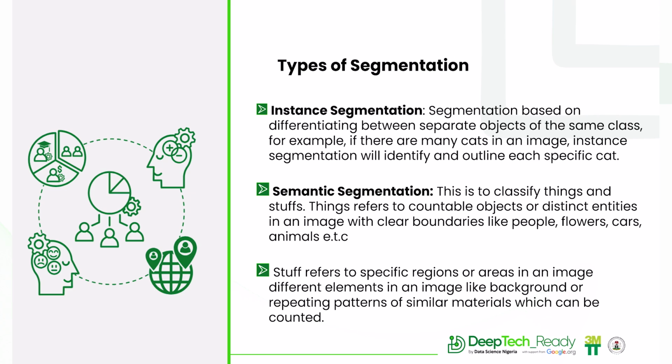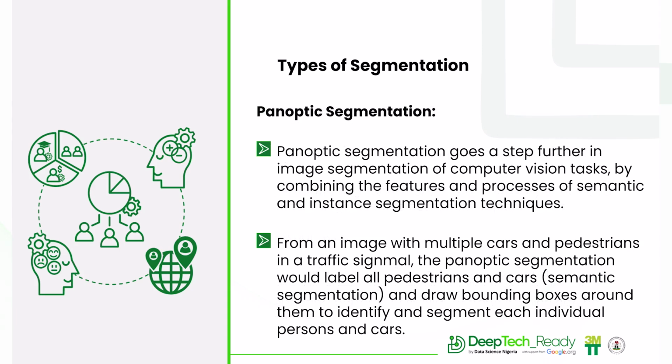So semantic segmentation literally means you are trying to classify things or stuffs or objects of the same category as the same category from objects from other categories. Okay, so semantic segmentation basically is classification based on the classes. Instance segmentation goes further by taking that class and you are trying to separate the objects that belong into those class into distinct objects. Okay, so instance segmentation is a little bit deeper in terms of segmentation than semantic segmentation.